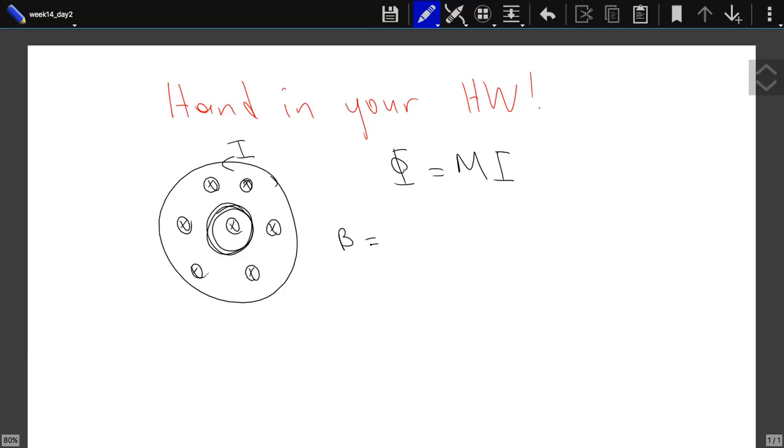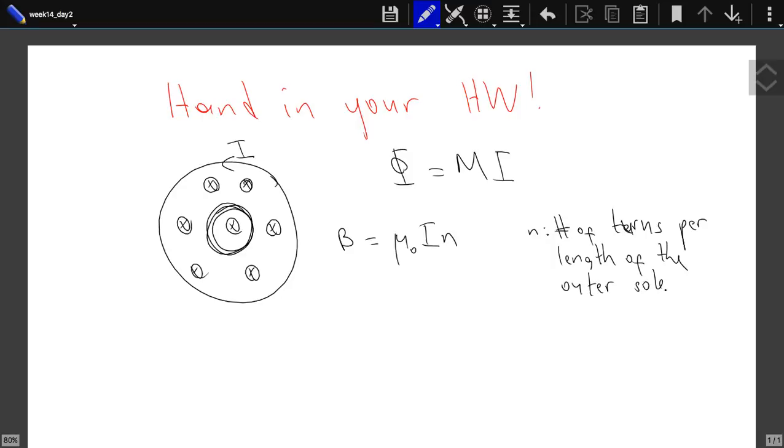What is the magnetic field created by the outer inductor? It is mu0 I times small n, where n is the number of turns per length of the outer solenoid.